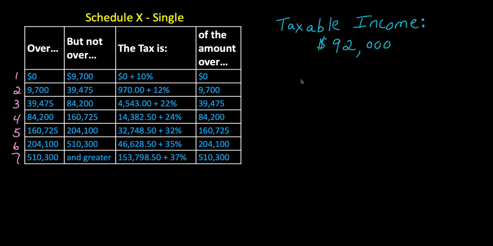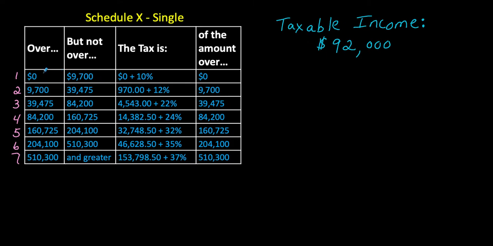Now I'm going to show you the first thing I do. I like to check the headings of the tables. First of all, the headings say over, but not over. And then over here it says the tax is, and then of the amount over. I'll explain how those headings work as we work through the problem. So let's look at the $92,000.